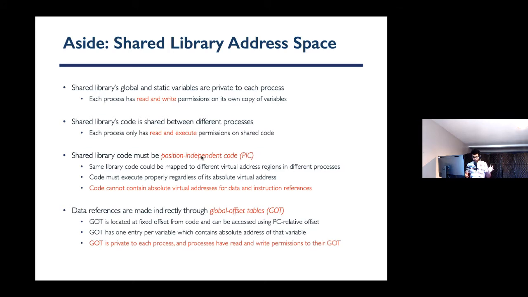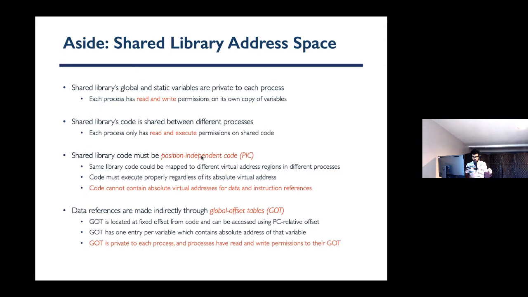Now, here is the part that is a little bit challenging. As I mentioned, each process is going to have its own data, and everybody is going to share the code. So somehow we need to make data relative to the code so that from any instruction, you know how far to go to find the data that you want. To fix this, we introduce a level of indirection.